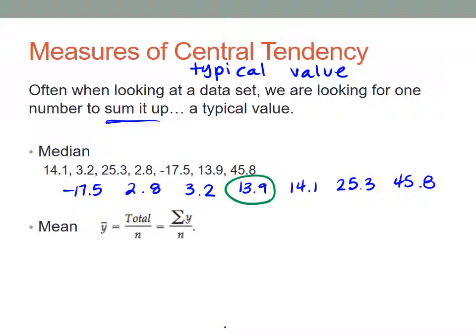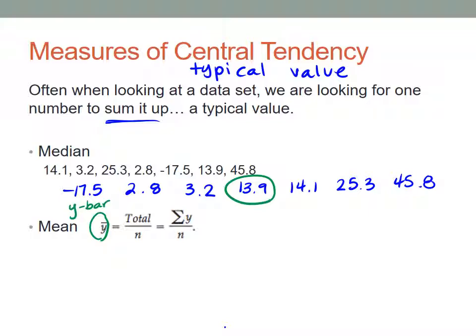All right, the mean is slightly different. And again, you've calculated the mean before. You probably recognize this formula for the mean, but you may not recognize this part. We actually do say y bar. The bar above a variable means take the mean. Mean means average. Average and mean go hand in hand. So that's what that bar represents.